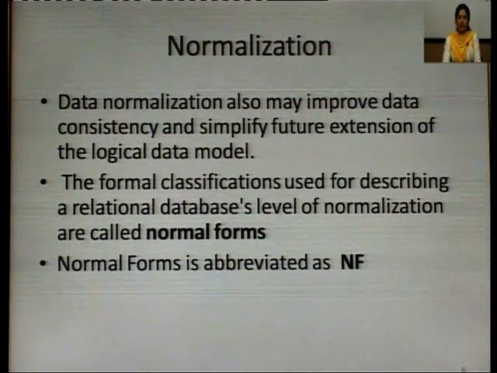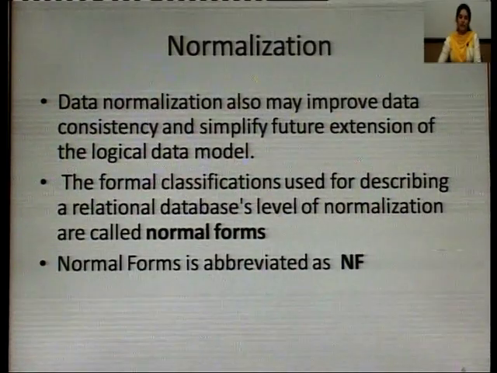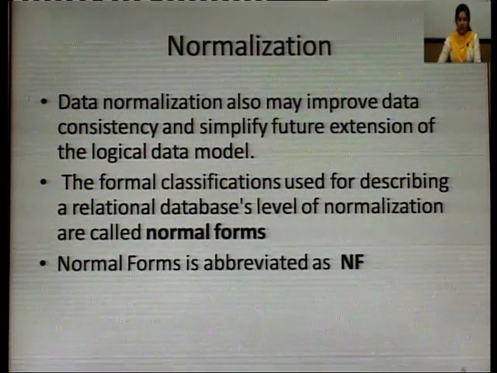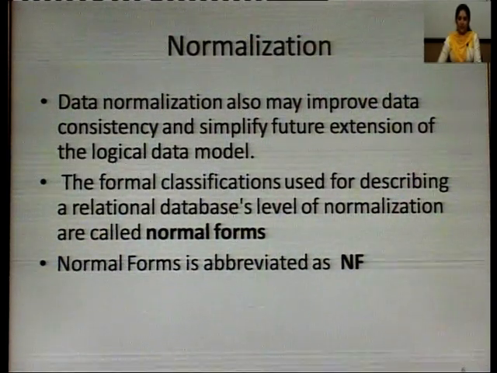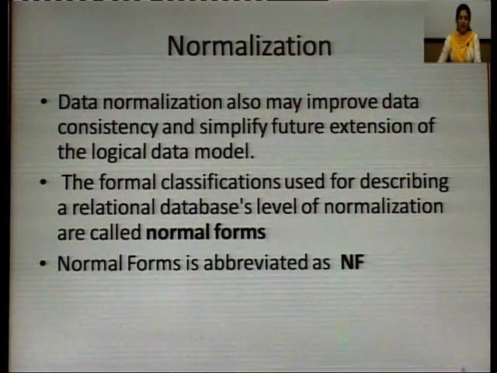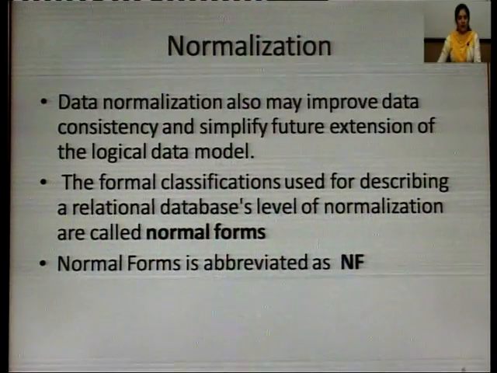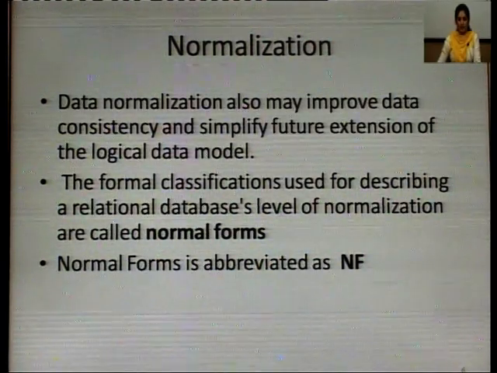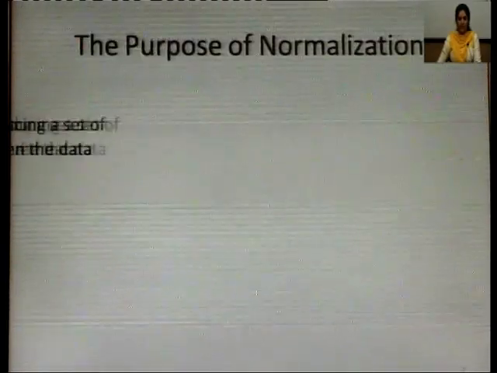Whenever we normalize any information which is stored in the database, we will be using various normal forms. There are 5 normal forms. By reaching each level, you will refine your data structure, or you will refine your database and the information which is stored in your database. The normal forms are abbreviated as NF. You will say first NF, second NF, and third NF.